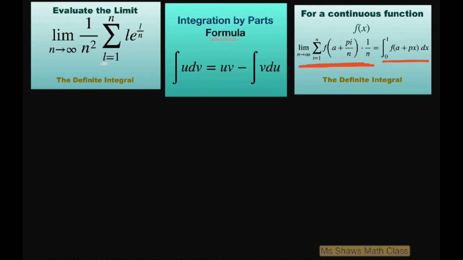So basically, for us, L divided by n is going to equal x according to our formula. If I rewrite this, I'm going to write this as the limit as n approaches infinity. I'm going to move this inside.